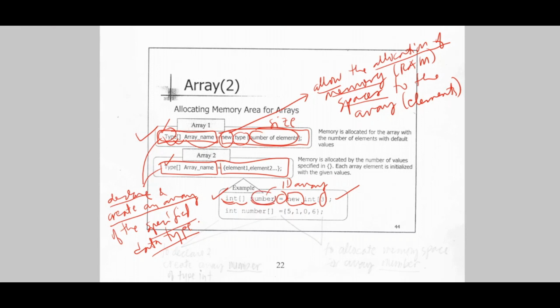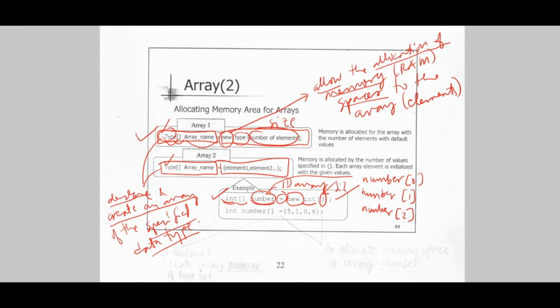So number is an array, or a group, of 3 elements, and these 3 elements are number 0, the first element, number 1, the second element, and number 2, the third element.